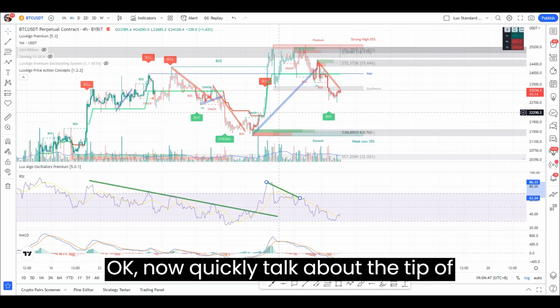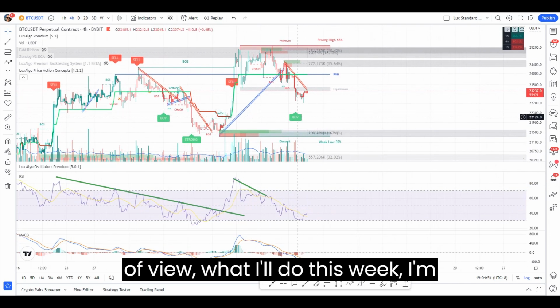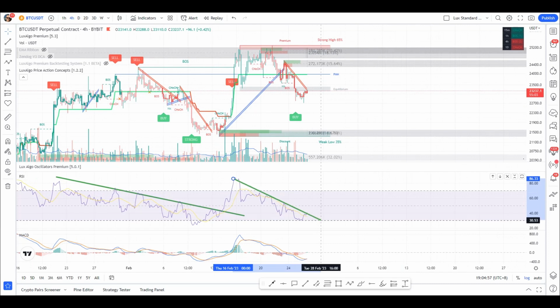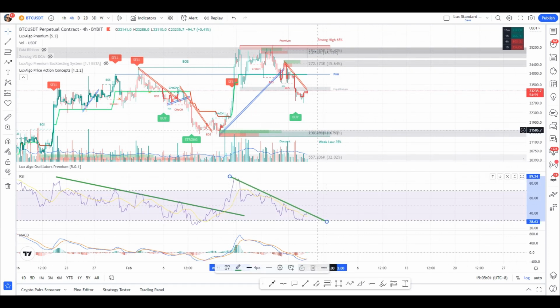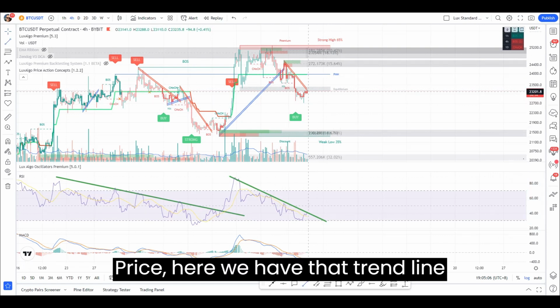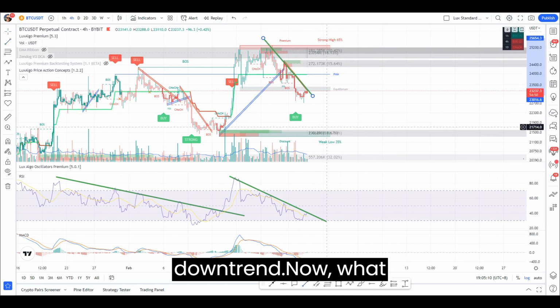Okay, now quickly talk about the tip of the week. From my point of view, what I'll do this week, I'm going to keep watching. When we look at the RSI trending down, clearly a downtrend. When we look at the price here, we have that trend line drawn as well, trending down, clearly a downtrend.